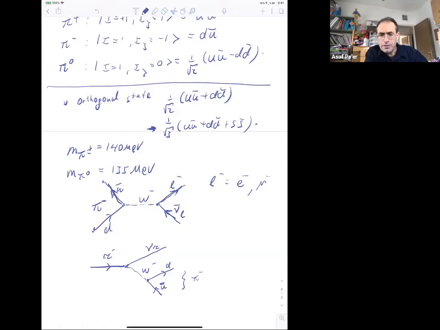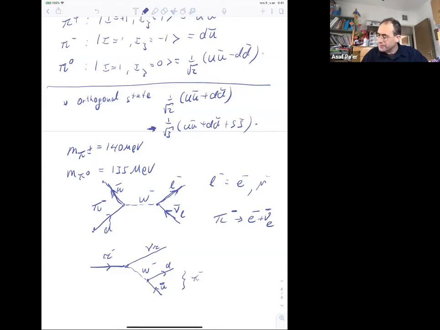Okay, so when you look at the process, again, remember that Feynman diagrams are computational tools. These are really a way of describing a process that happens. What happens in reality, we're seeing a pion decay into an electron plus anti-electron neutrino.